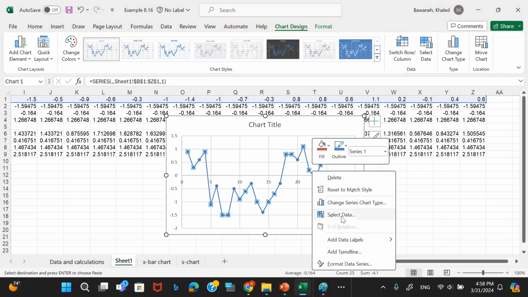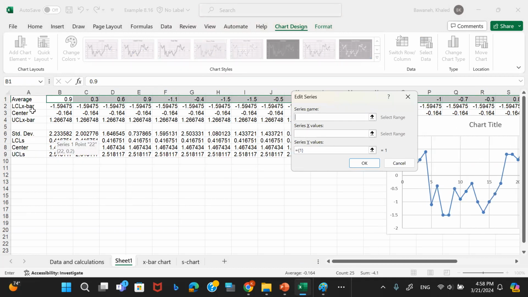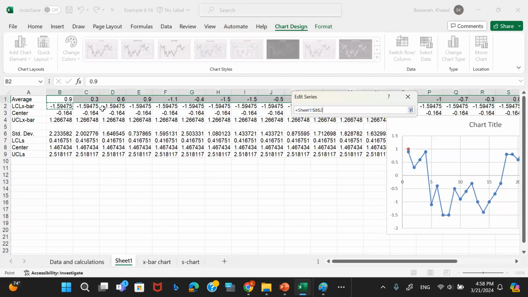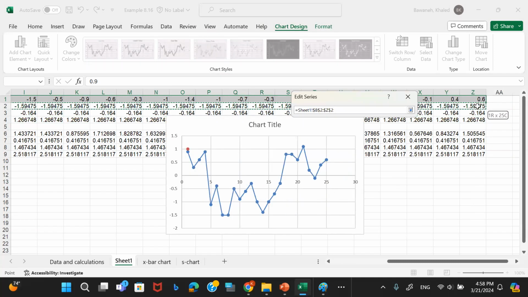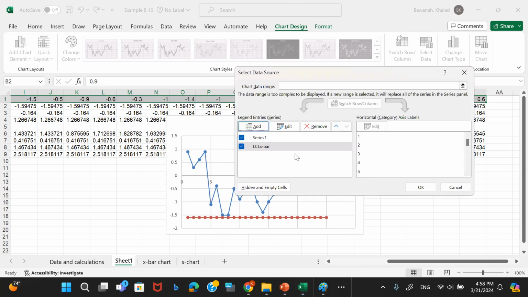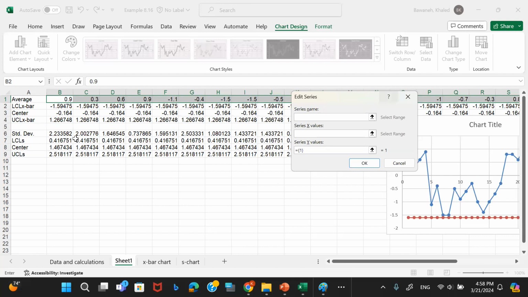Then I add the lower control limit. I select the lower control limit here. And then I add the upper control limit.